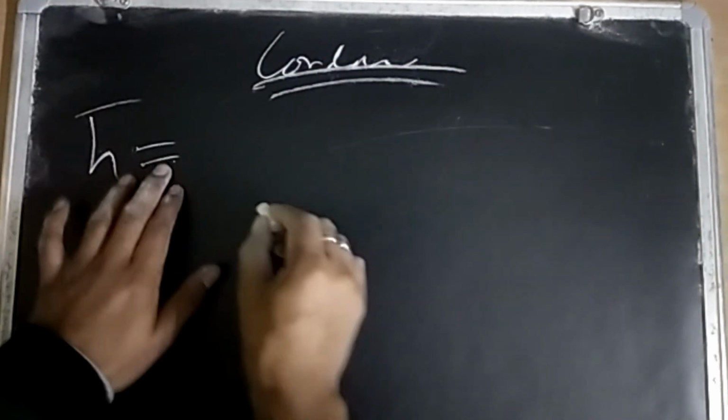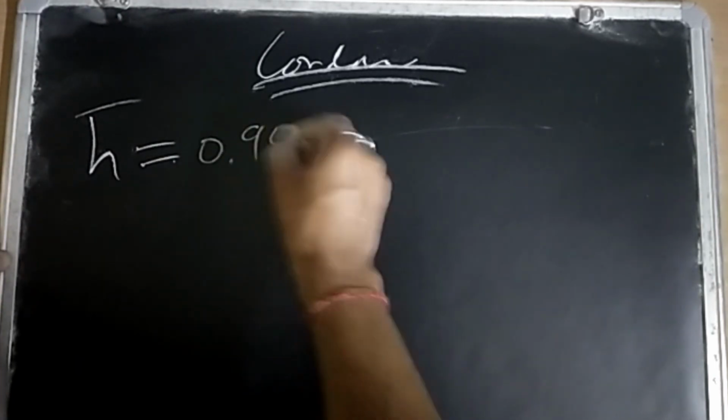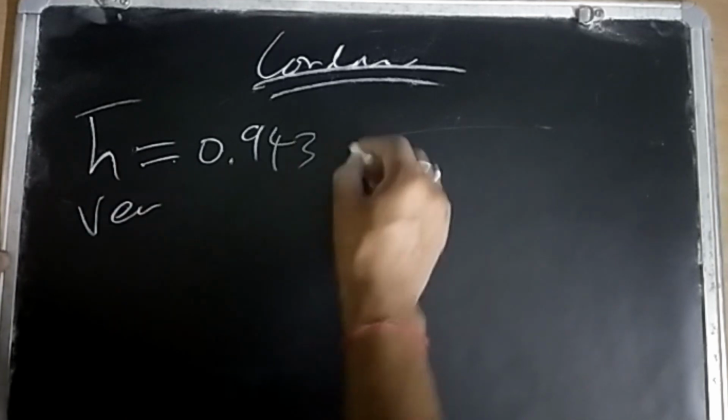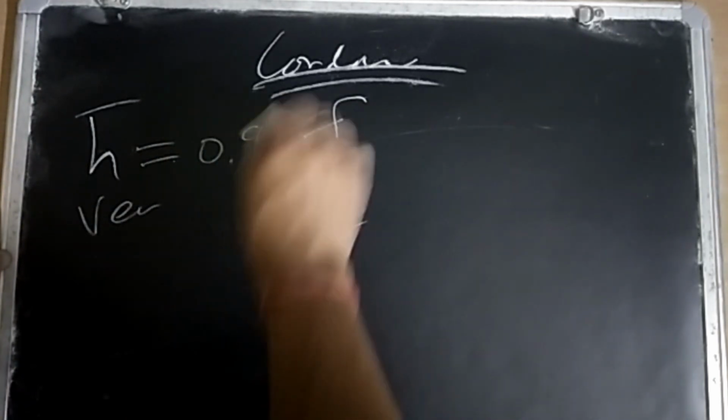Next, if I go to condensation, just remember two formulas. This H, the heat transfer coefficient bar, for the vertical, it is 0.943 for vertical. Okay, 0.943, just remember 0.94, let's say.